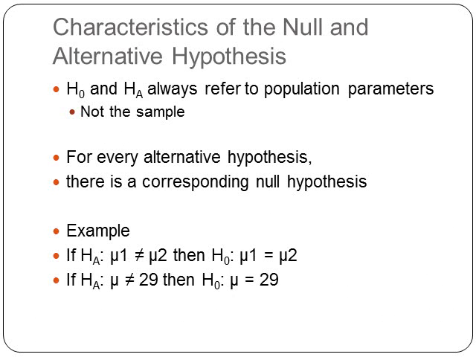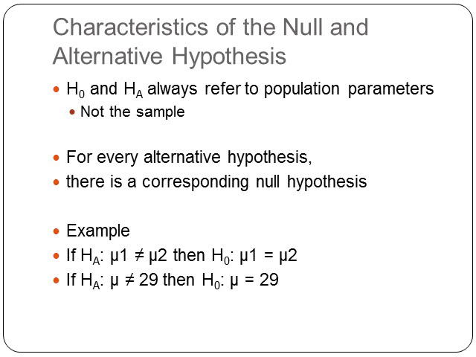So the characteristics of the null and alternative is that they're always about the parameters, not about the samples. Even though we use the samples to estimate the population, our actual statements are about the population. For every alternative hypothesis, there's a corresponding null. So for example, if our alternative were that mu1 and mu2 are not equal, then the null is that they're equal.